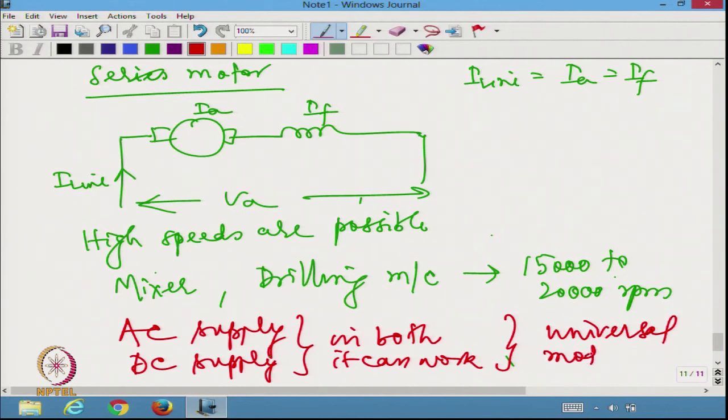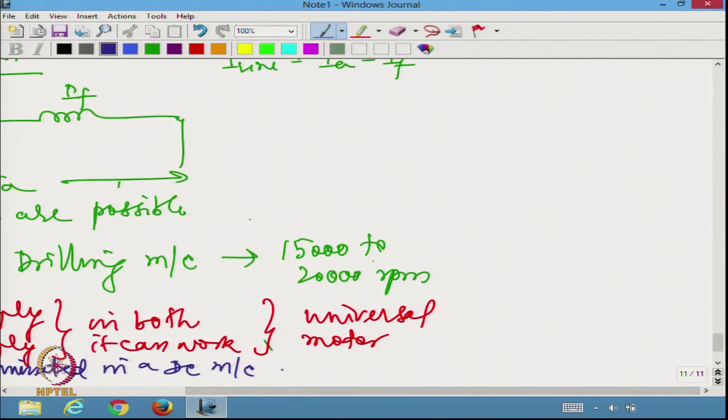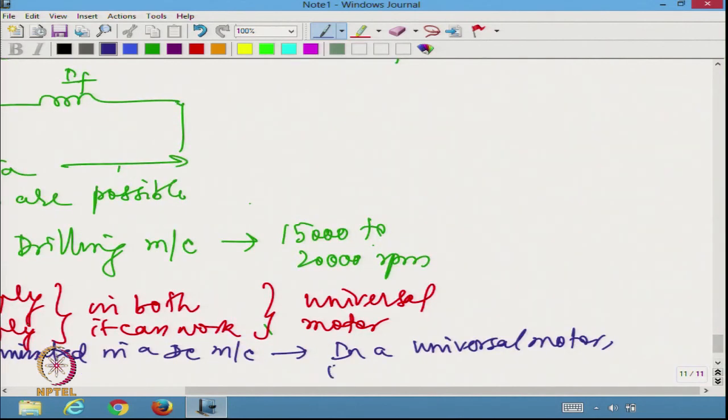When we started the topic of DC machine itself, we said normally field is not laminated in a DC machine, but in a universal motor we need to necessarily, right, field has to be laminated, because you are applying AC, the flux will be alternating.